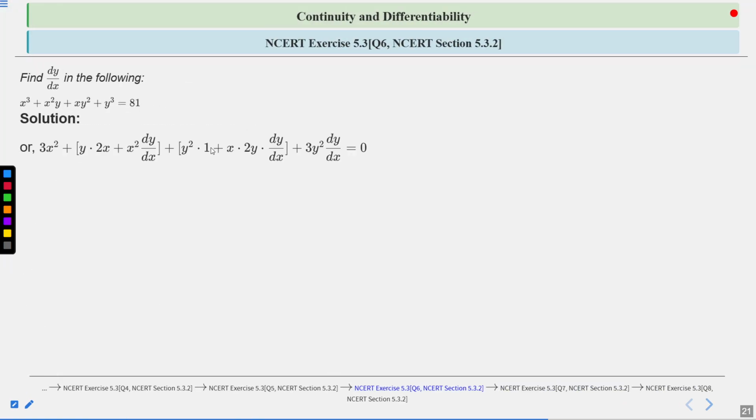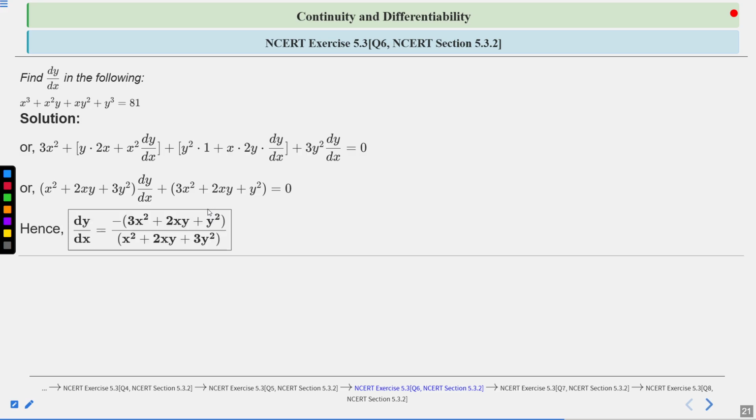Now we can obtain 3x square plus y into 2x plus x square into dy by dx plus y square into 1 plus x into 2y into dy by dx plus 3y square into dy by dx which will be equal to 0. Or (x square plus 2xy plus 3y square) into dy by dx plus (3x square plus 2xy plus y square) equal to 0.